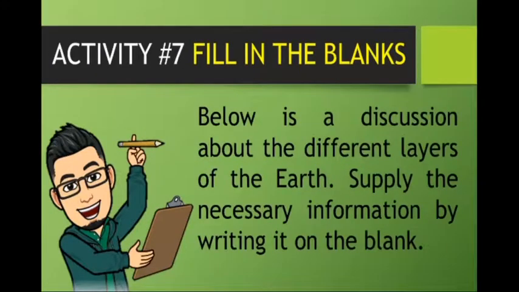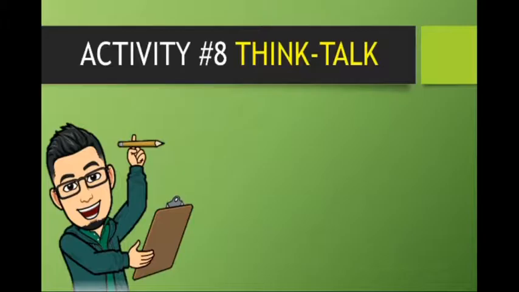Activity 7 is fill in the blanks. So as you can see on your module, you have their direction. Below is a discussion about the different layers of the Earth, and you're going to supply the necessary information by writing it on the blank. And we have activity number 8, the think talk activity.